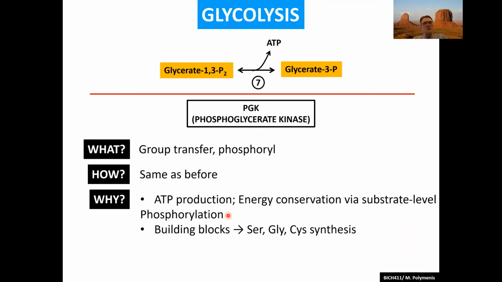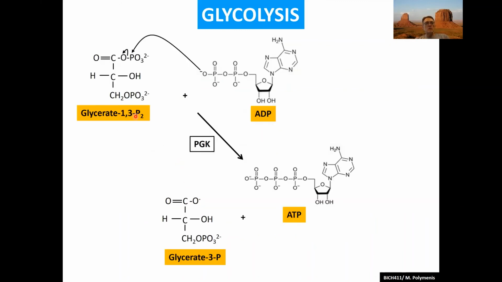The energy currency is ATP. The high energy phosphate bonds are really the energy money that the cell uses, and wherever they are found, in this case on these molecules of glycerate 1,3-bisphosphate, they endow this molecule with enough energy to actually make ATP.